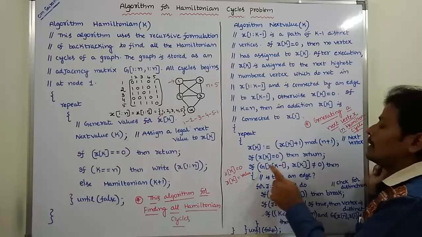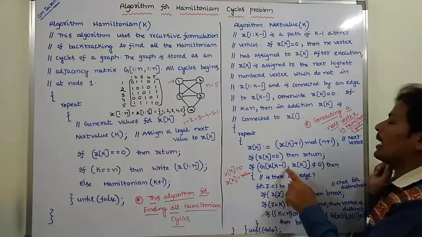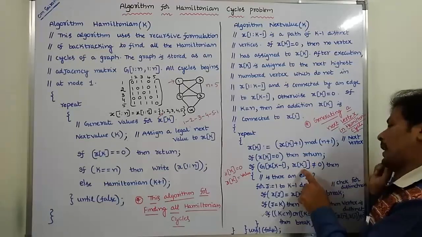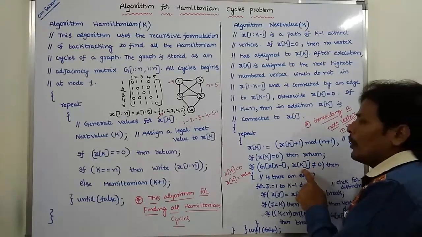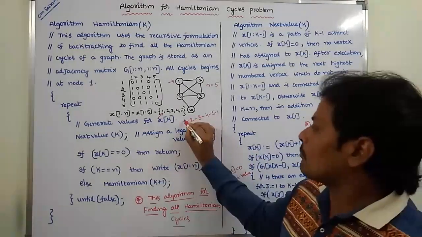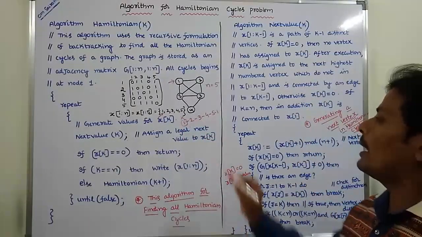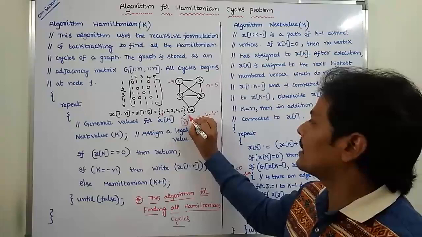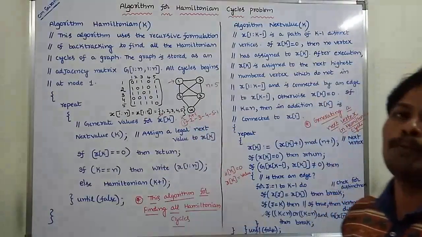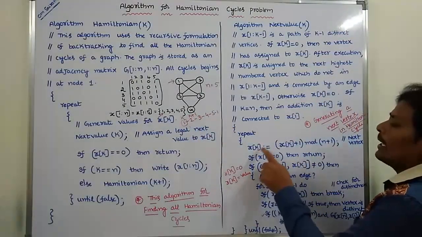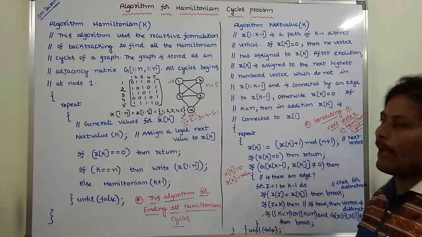If g of x of k minus 1 comma x of k. Suppose here vertex 1 is the k value, and this next one is the k plus 1 value. Here x of k returns the value 2, for example.